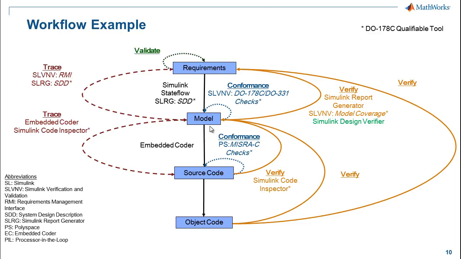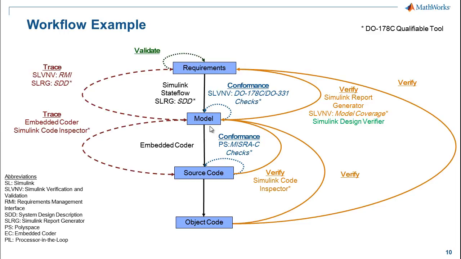It looks at every mathematical operator in the model and verifies that it was properly implemented in the source code. Being able to eliminate manual code reviews is a huge time and money saver. So Simulink Code Inspector is very key in these types of workflows for preventing you from having to manually review the automatically generated code.